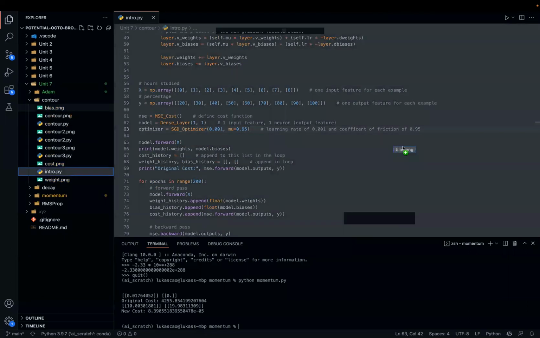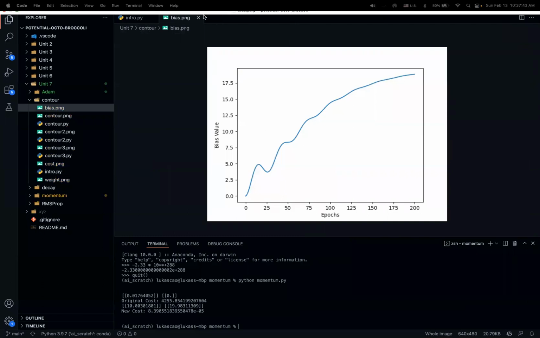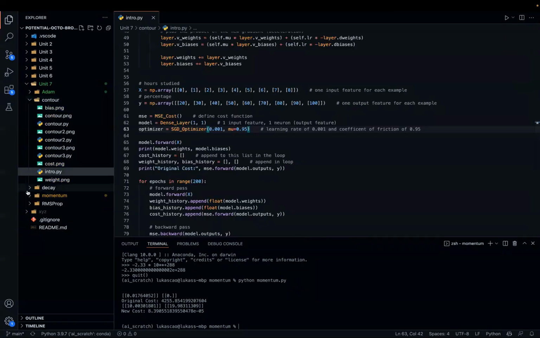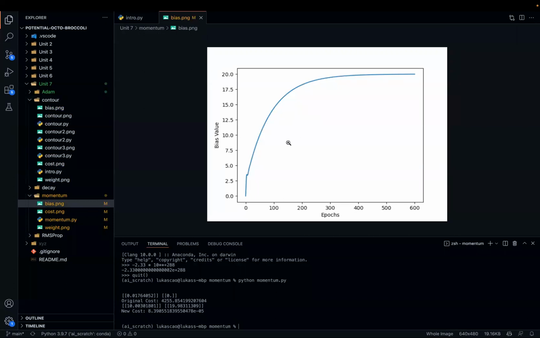Because if you look at the bias, it starts slowing down its speed really fast, somewhere around here. And technically, you shouldn't start slowing down over here yet. You should still keep on going.